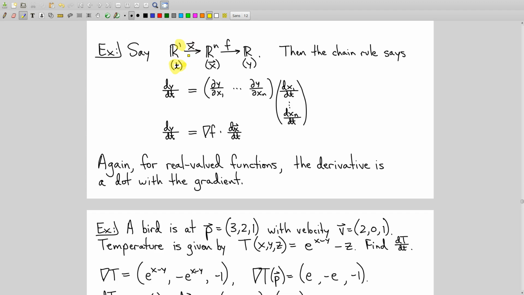The additional special case here is that we also have only one eventual output variable. And that means that the composition, well, it means two things. The composition, though, is from R1 to R1.